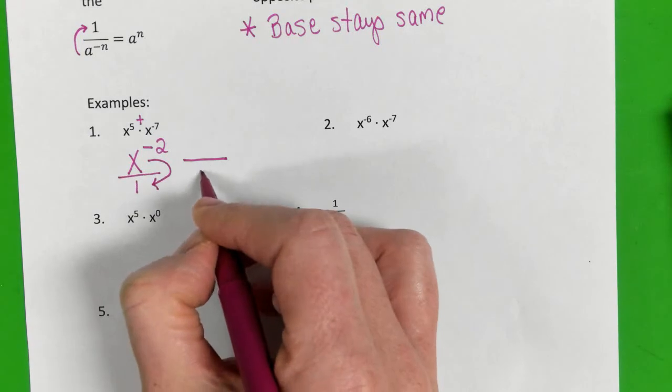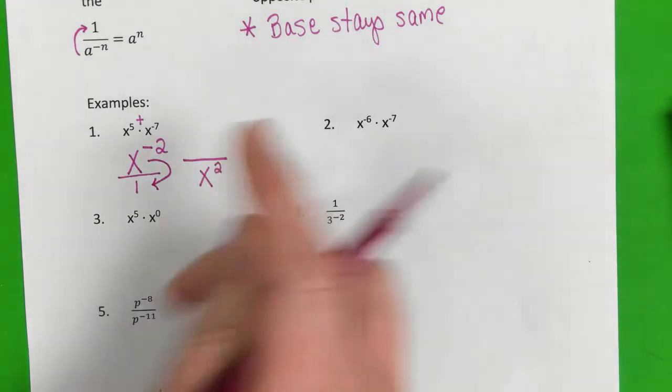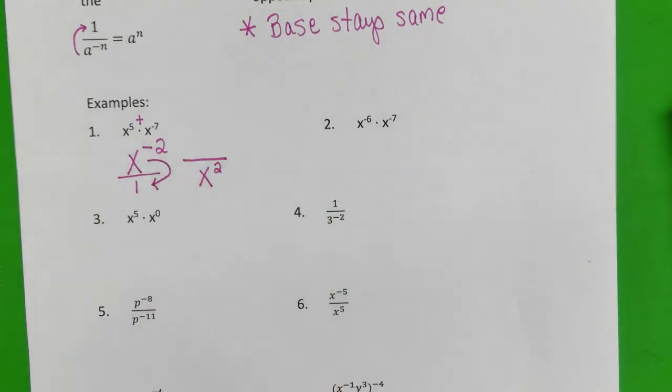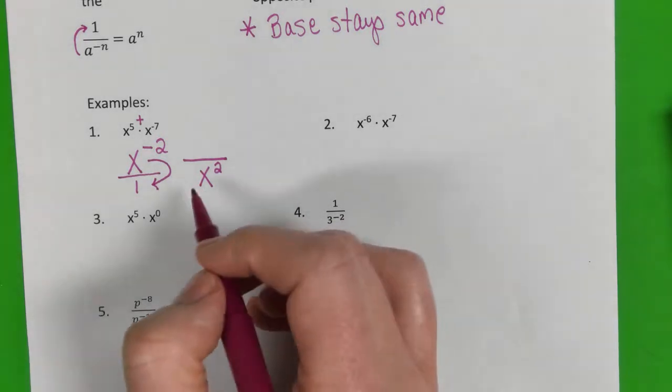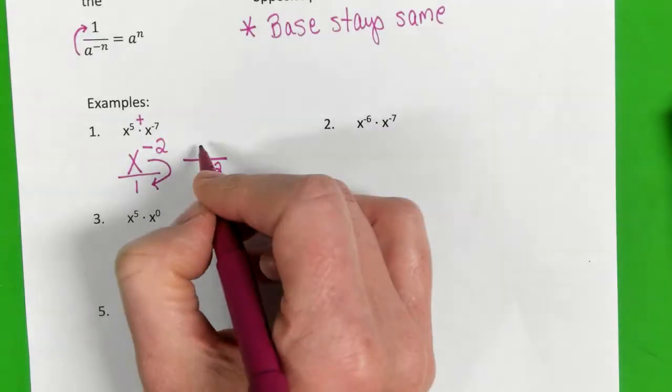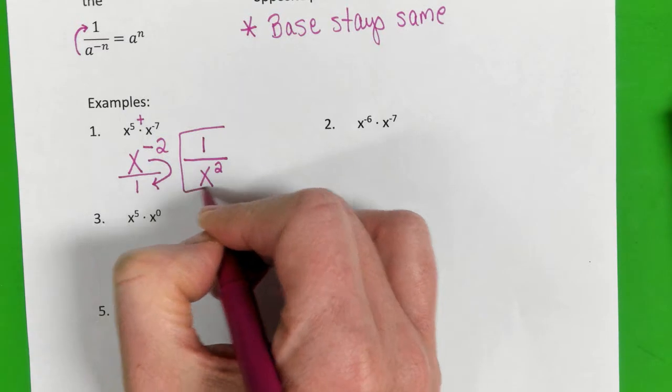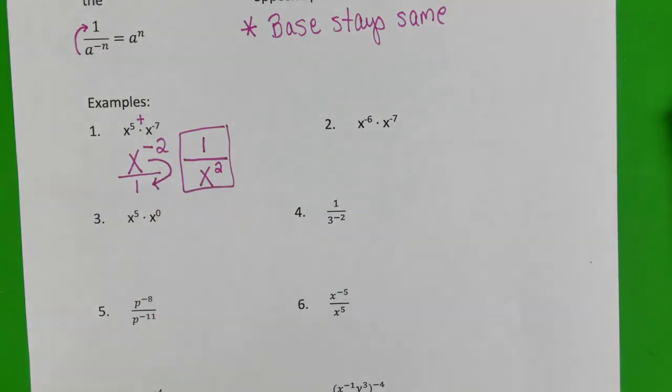I want to stress to you, we are not flipping the fraction. It looks like that right now, but you're going to see in a minute, this is not flipping. We only move what has a negative exponent. But we do need to put something in the numerator, so it would be a 1 there. Looks like we flipped it, but that's not what we're doing.